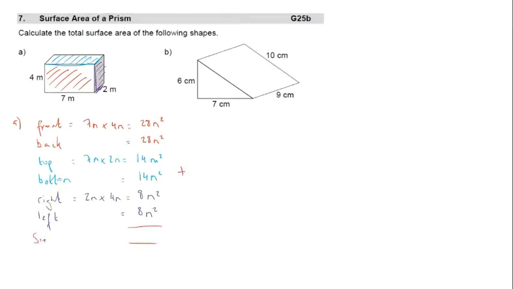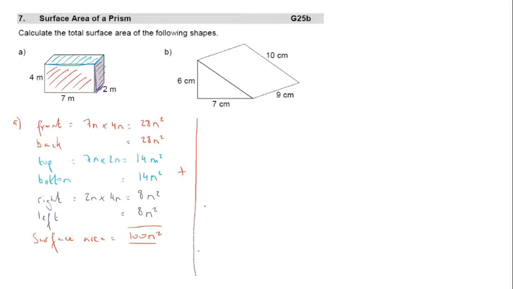So the surface area is 28 plus 28, plus 14, plus 14, you get the whole point. Add them all together, okay? So 28 plus 28 plus 14 plus 14 plus 8 plus 8 gives me a lovely 100 meters squared.